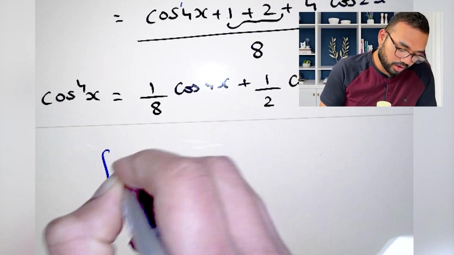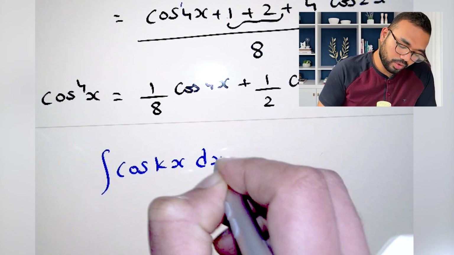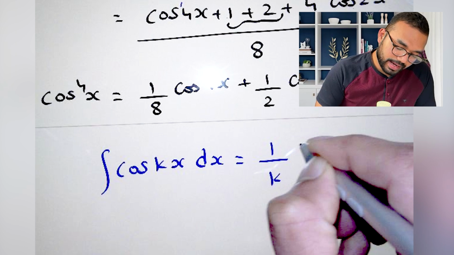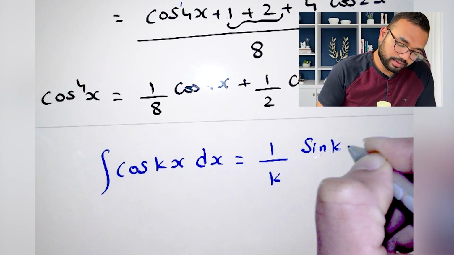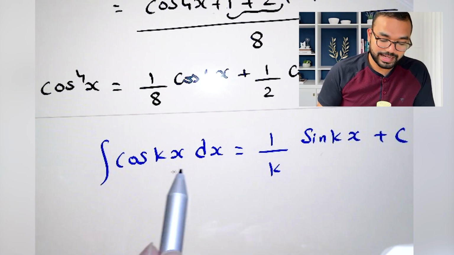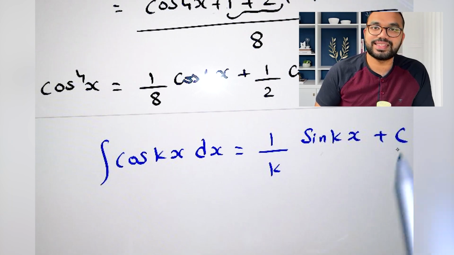Integral of cos kx dx is equal to 1 by k sine kx plus integration constant, right? So integral of cos kx dx is equal to 1 by k sine kx plus c.